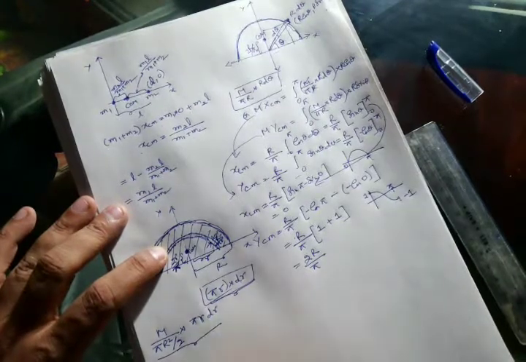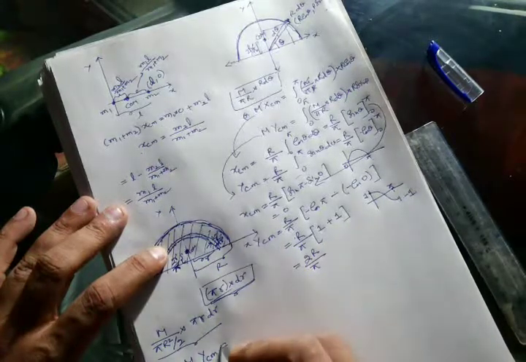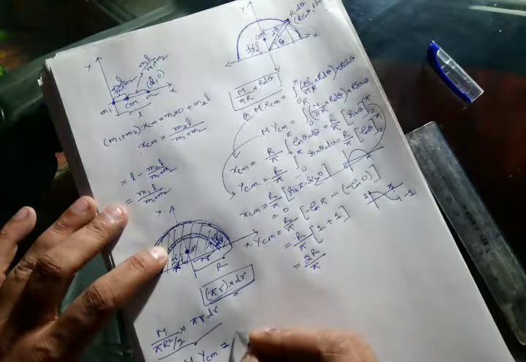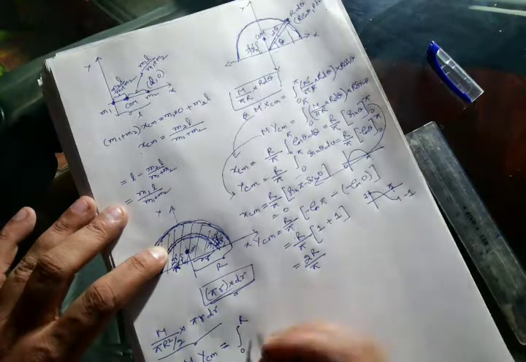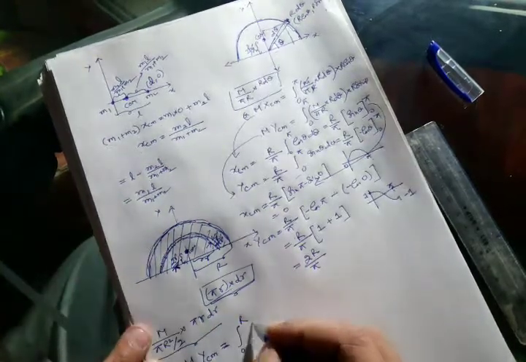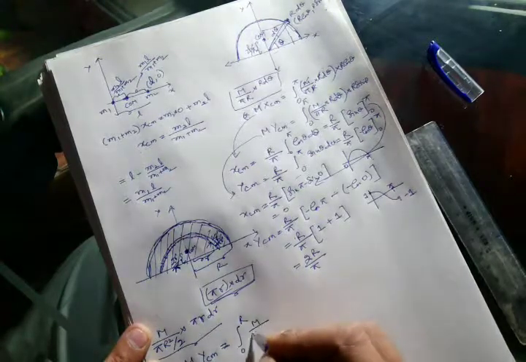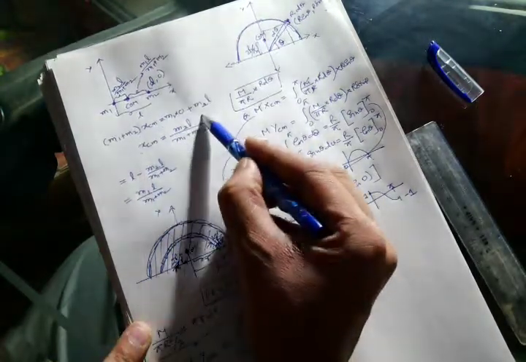And now for m into ycm, that will be equal to integration 0 to r of the mass, m over pi r square over 2 times pi r dr, into the distance 2r over pi.